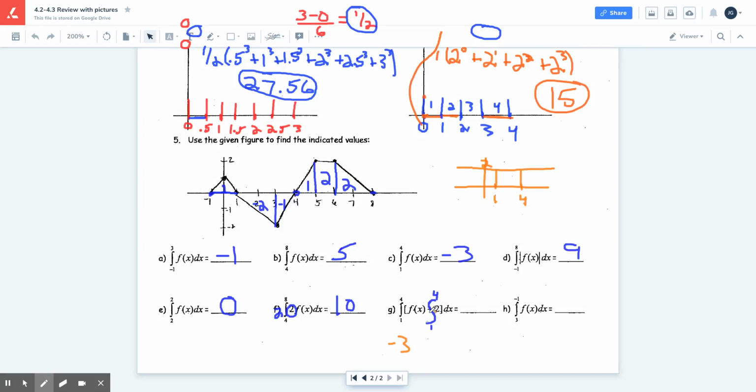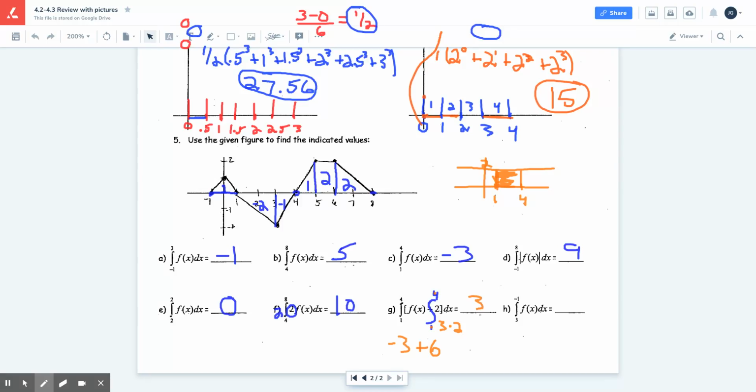So this integral is the area of this region right here. All right, so it's base times height. The base is the difference between our 4 and our 1, which is 3. The height is this right here, which is whatever this number is, which is 2. So 3 times 2 is 6. So negative 3 plus 6 gives us an answer of 3.